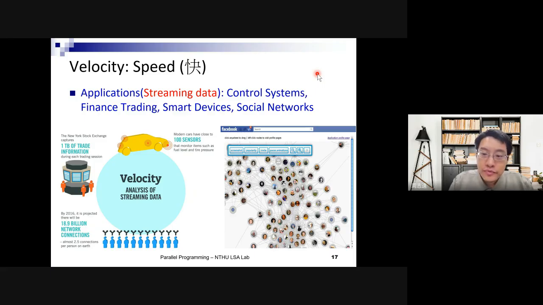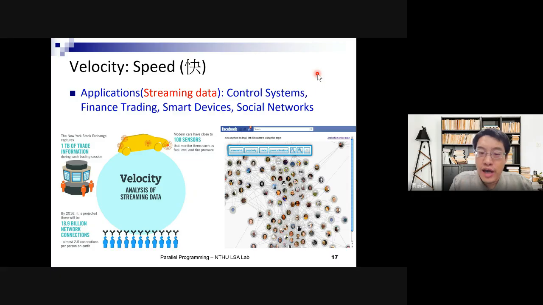All right. The third challenge is velocity. Velocity usually refers to streaming data, right? For streaming data, the data size is pretty small, but the data just keeps coming, and you have to analyze or process the data within a limited time.